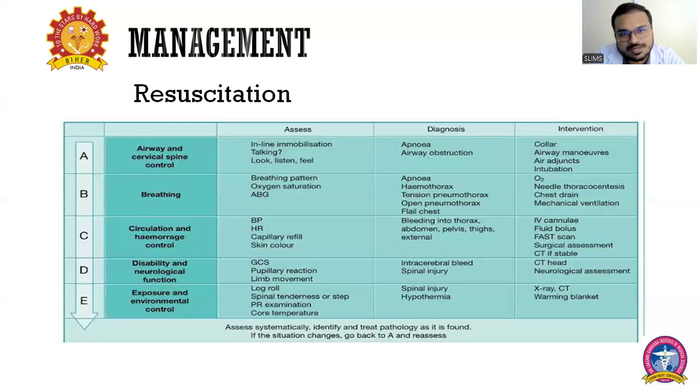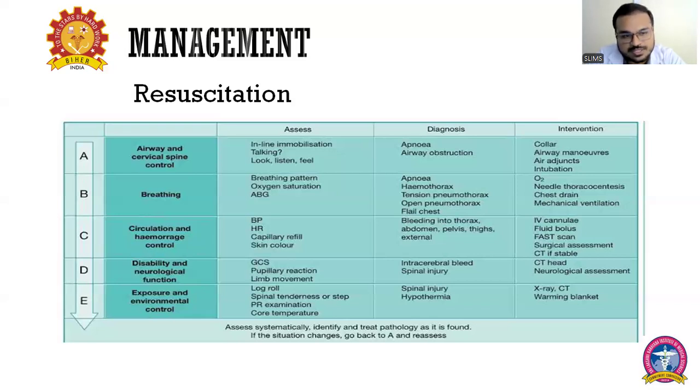In case the female is having abdominothoracic breathing, it is most commonly very difficult for us to manage. So we should always diagnose immediately chest injuries like hemothorax, pneumothorax, open pneumothorax or flail chest. Intervention is most commonly oxygenation, needle thoracocentesis, chest drain, and mechanical ventilation.